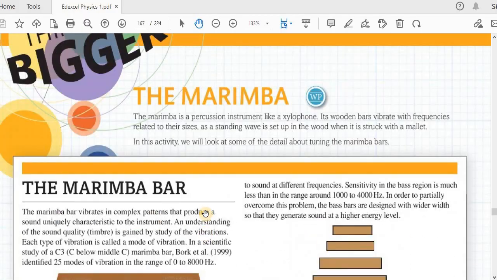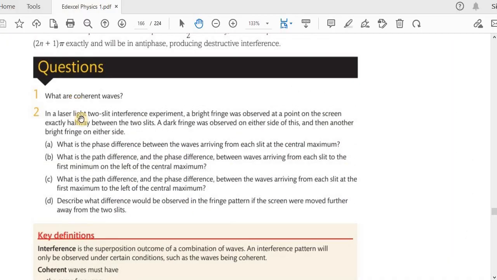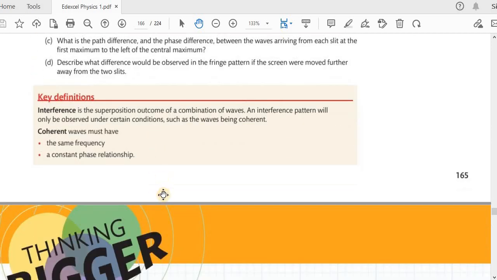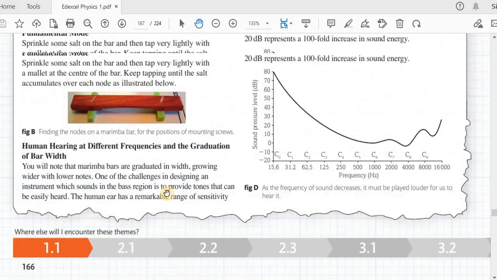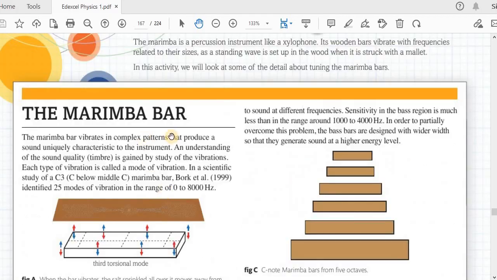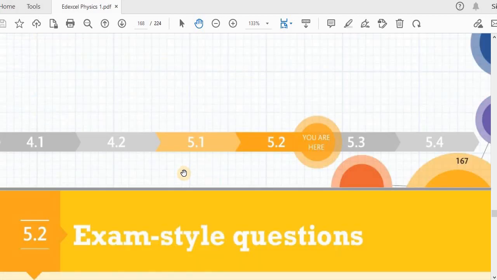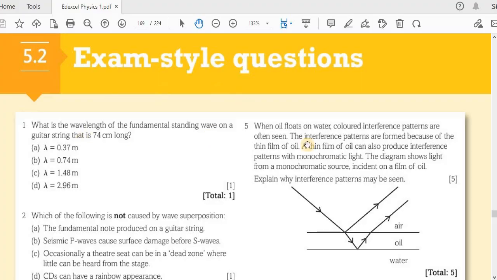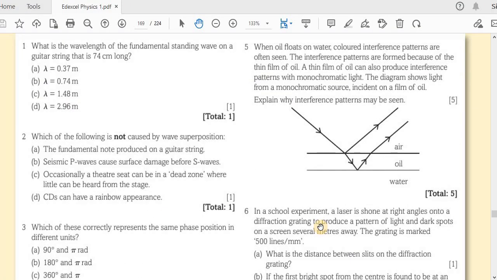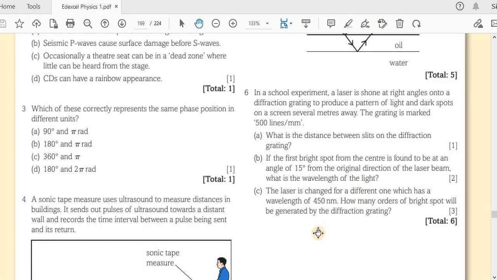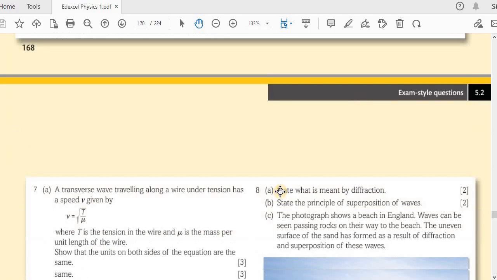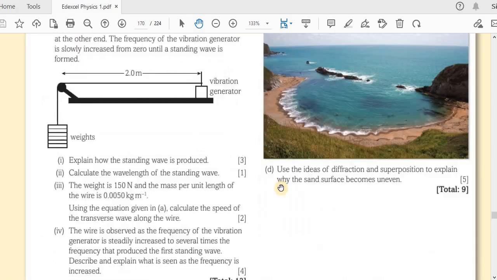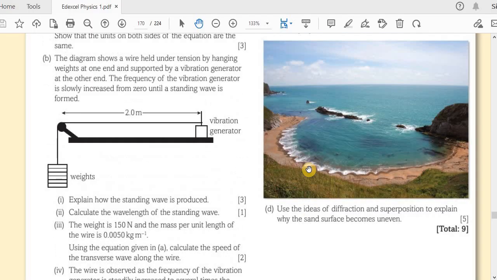And make sure, like I have always been saying, you answer these questions and check the answers in this book. Make sure that way you know you're doing the things correctly. And you can answer the end of chapter or exam style questions as well. Do them and check the answers. The answers are also available. So better to do all of them. They are not that difficult, I guess. So these are the past paper type questions that you can get.